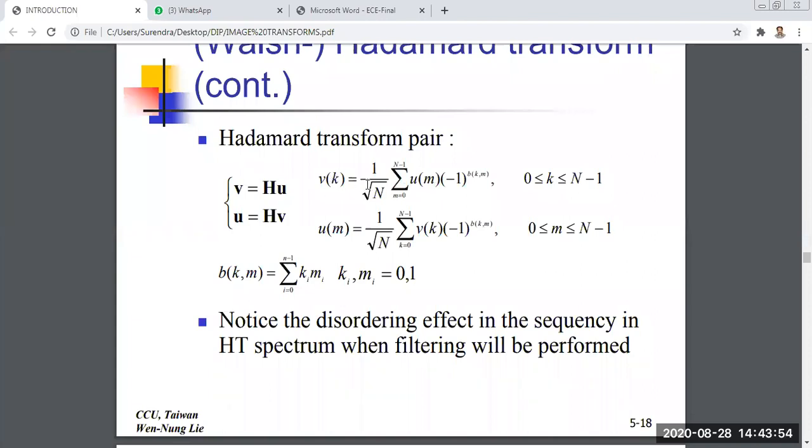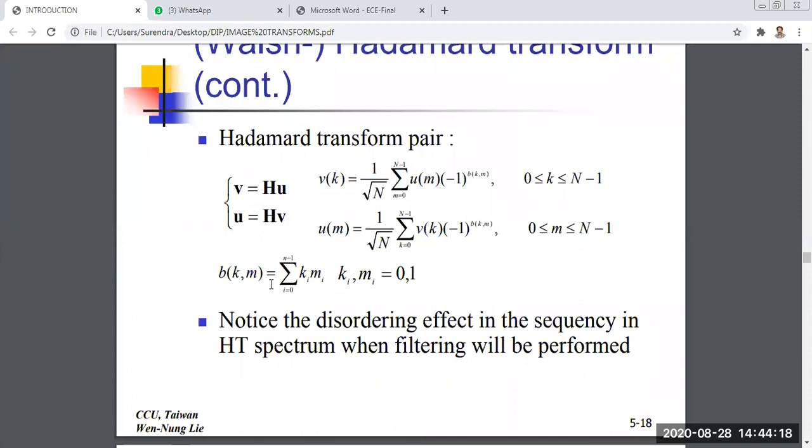And simply in the reverse process, U of m equals 1 by square root of n, sigma k equals 0 to n minus 1, V of k into minus 1 whole power b of k comma m, where U of m is replaced with V of k.